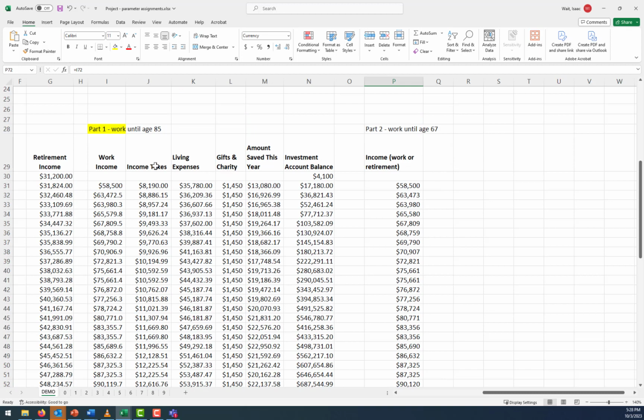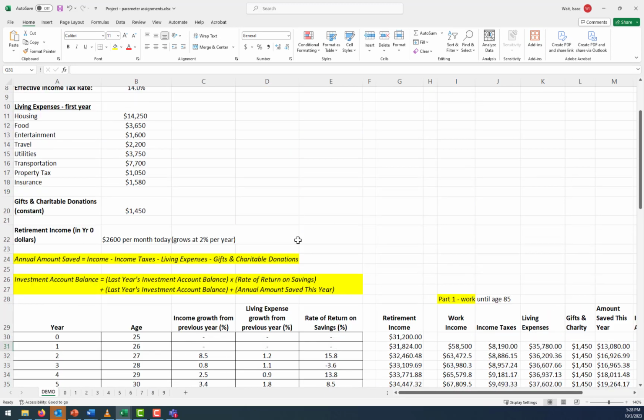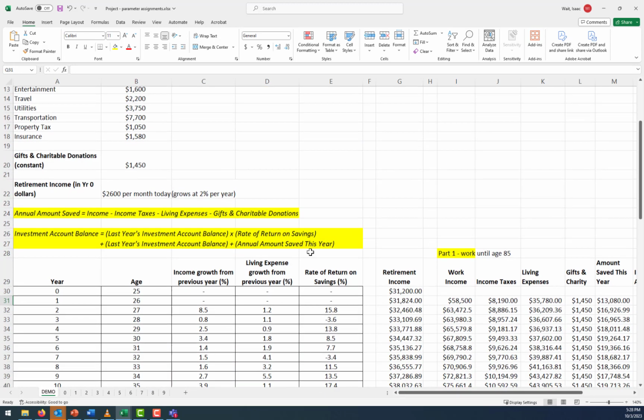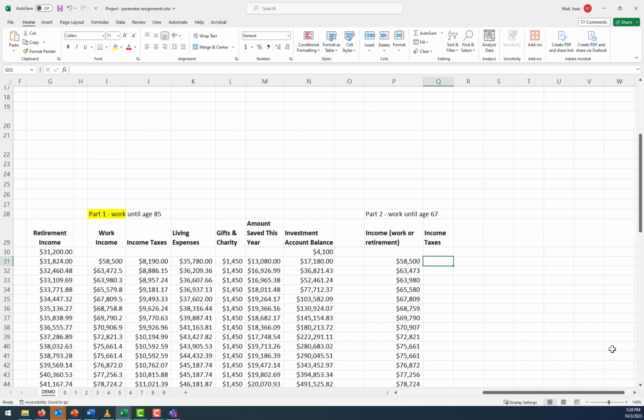The income taxes, we're going to assume always stay at, what was it, 14%? Yeah, 14%. 0.14 times this.